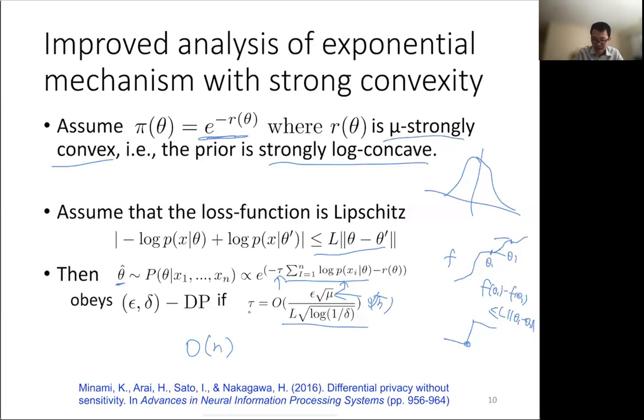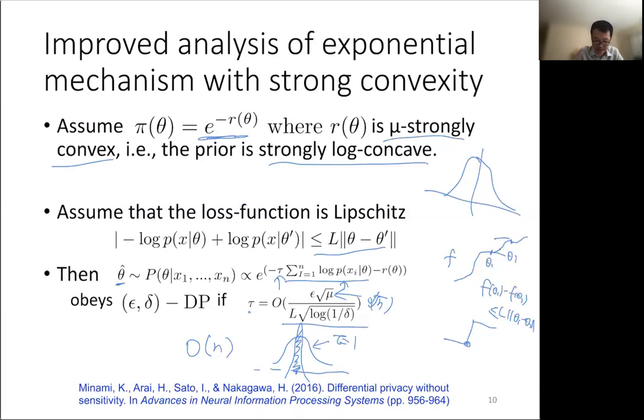When we do that, since L is a constant, for any reasonable choice of epsilon, this tau parameter actually goes to infinity, which makes this distribution more concentrated than when we choose tau to be 1, which gives the posterior distribution itself. The distributions that you sample from using this posterior sampling mechanism that satisfies differential privacy are significantly more concentrated around the posterior mean.